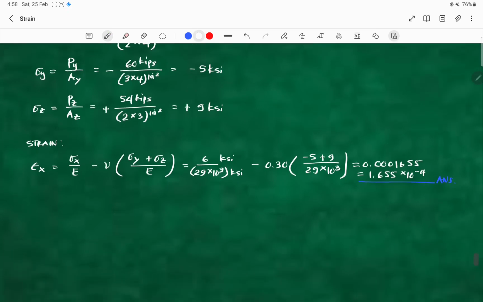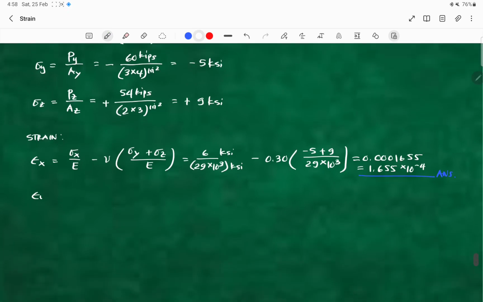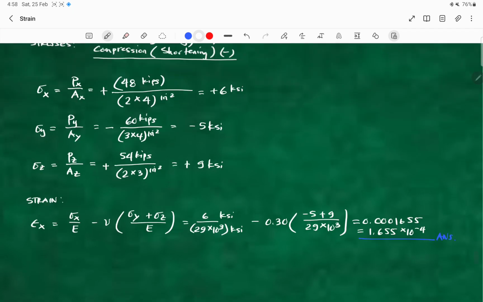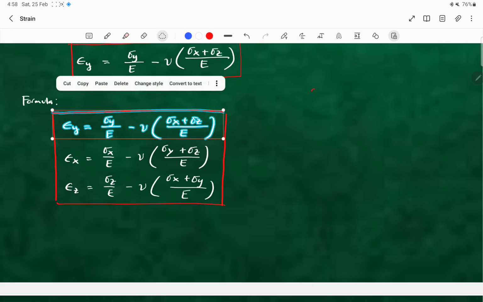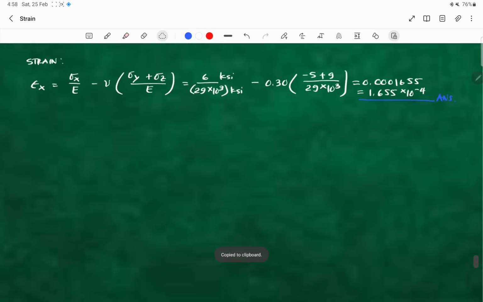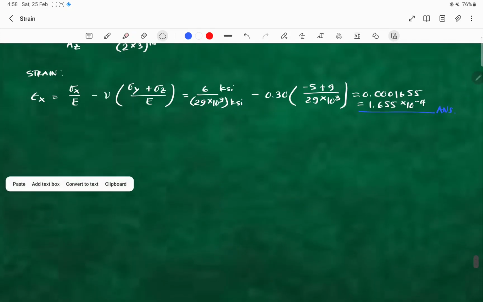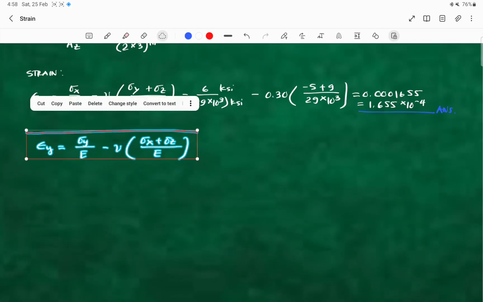Next is yung strain along Y. So meron tayong formula. Ito yan. Copy. And then we paste that here.